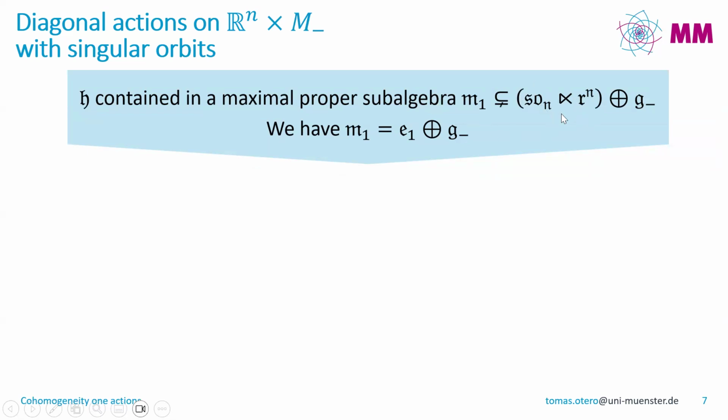But the whole isometry Lie algebra has on the first summand an abelian ideal, which really doesn't like the fact that G minus is semi-simple. So a maximal proper subalgebra is always of the form E1 plus G minus, where E1 is a maximal proper subalgebra inside SON plus Rn.